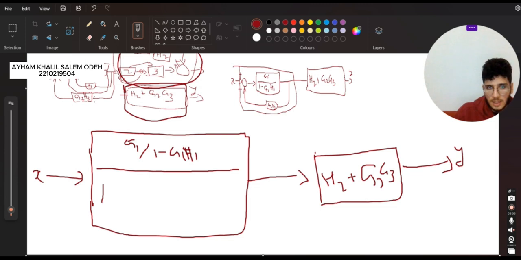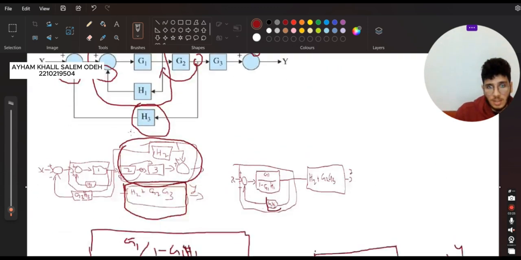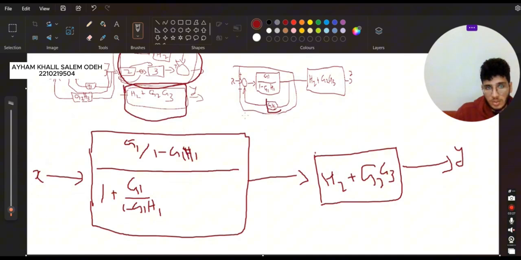It's a negative feedback, though, therefore it's going to be positive over here. Now G1 over 1 minus G1 H1 multiplied by the negative forward path, which is G2 H2, this path, G2 H2.